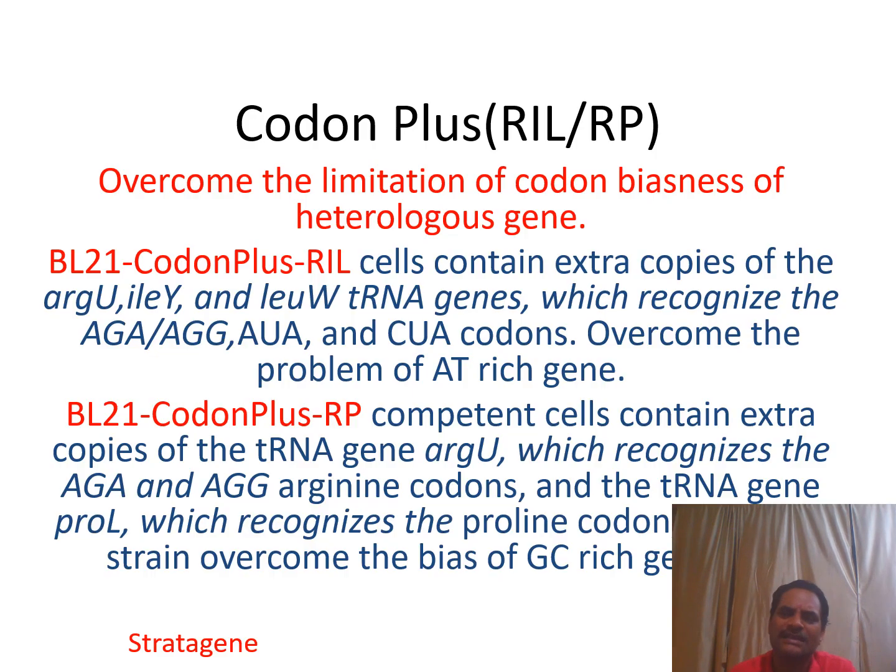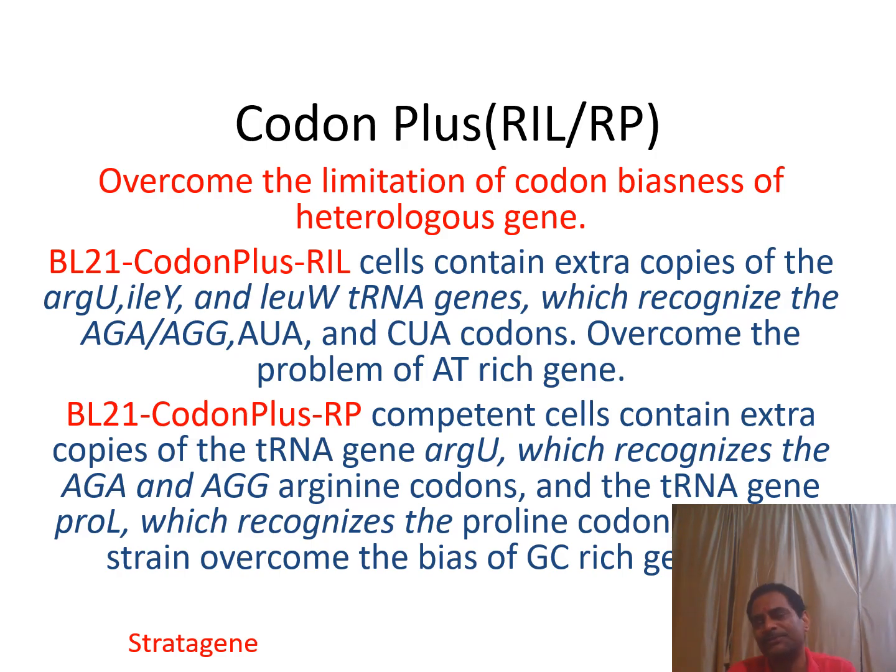One strain is called BL21 codon plus RIL. This E. coli contains extra copies of the argU, ileY and leuW tRNA genes, which recognize the AGA, AGG, AUA and CUA codons, overcoming the problem of AT-rich genes of eukaryotes.